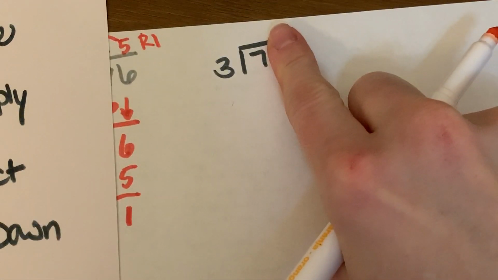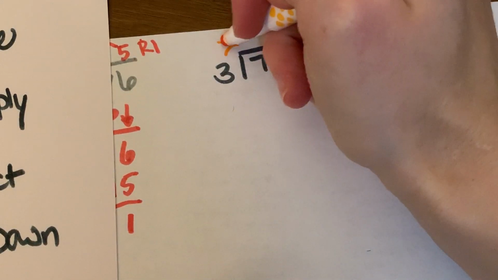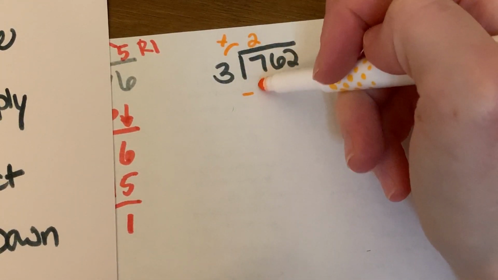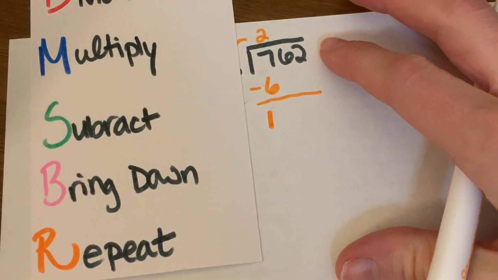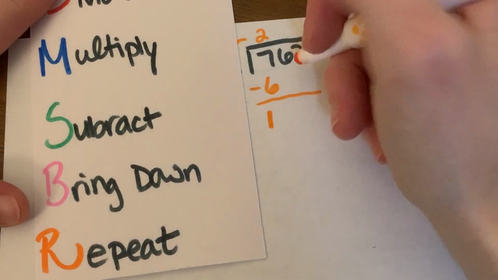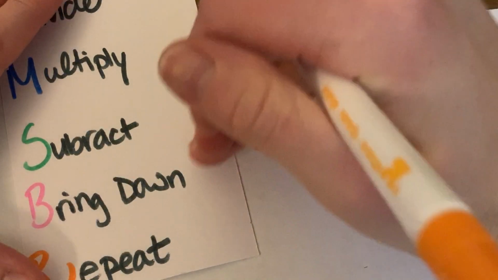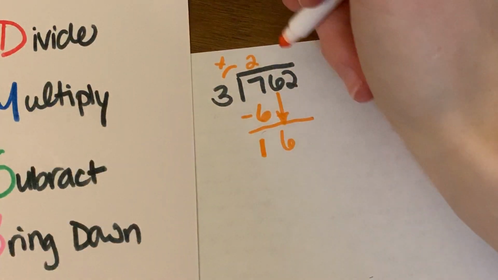Okay, so 3 times what gets us as close to 7 as possible? Well, 3 times 2. So that gives us 6. I'm going to do 7, take away 6, gives me 1. Now I'm going to bring down. I have 16. Okay, repeat. Dividing 16 divided by 3.